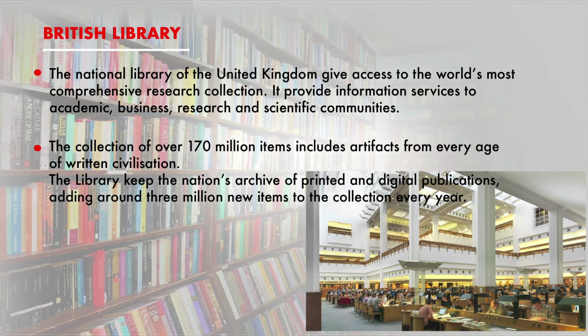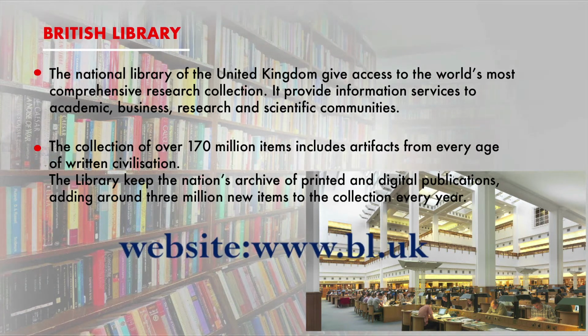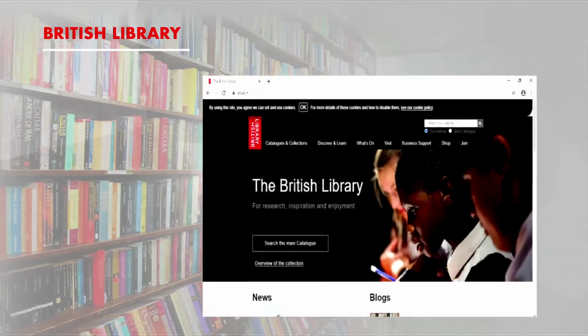The collection of this British Library is over 170 million items, which includes artifacts from every age of written civilization. The library keeps the nation's archives of printed and digital publications, adding around 3 million new items to the collection every year. The website of this British Library is www.bl.uk. This is the website.